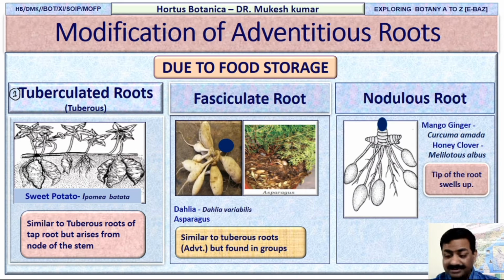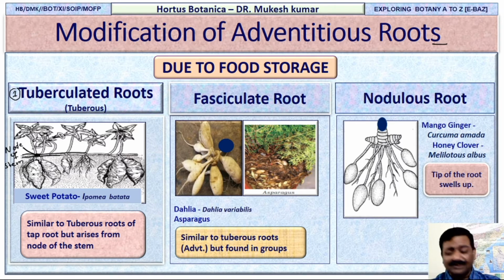So this is not radical, rather it is the node of the stem. Node of stem. So we are finding the roots are arising from the node of the stem. That's why it is adventitious root. Now see what happened. Due to the food storage, it swells.